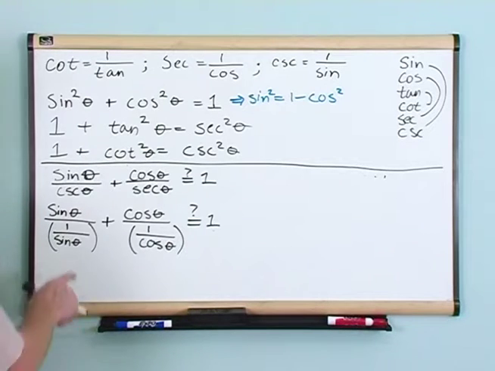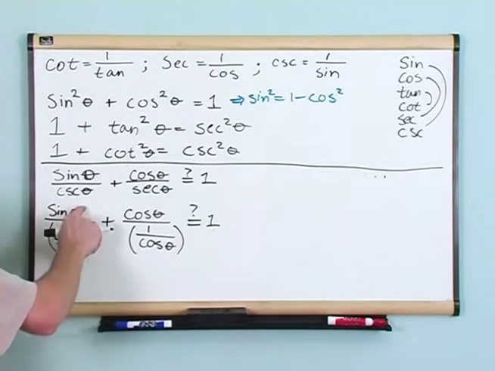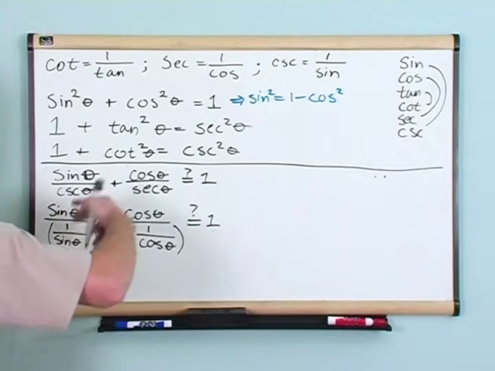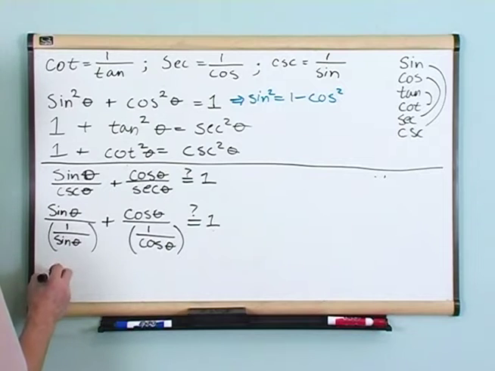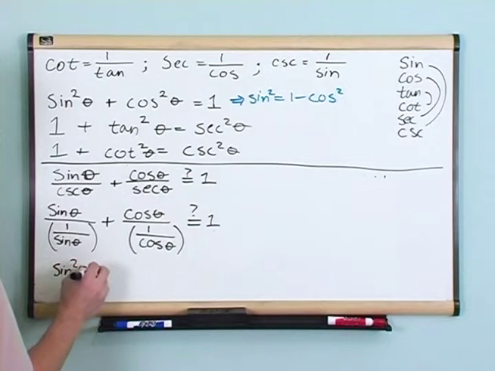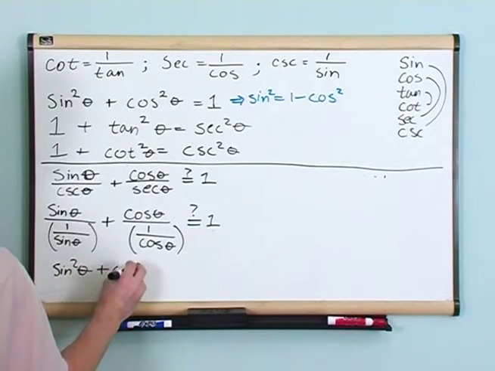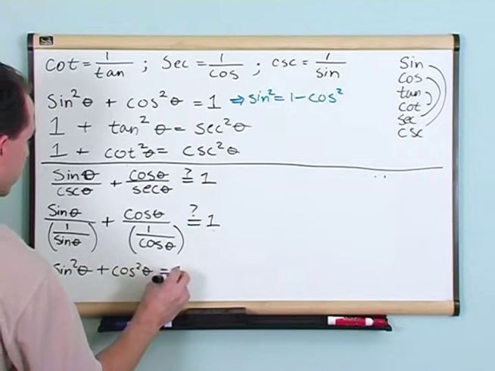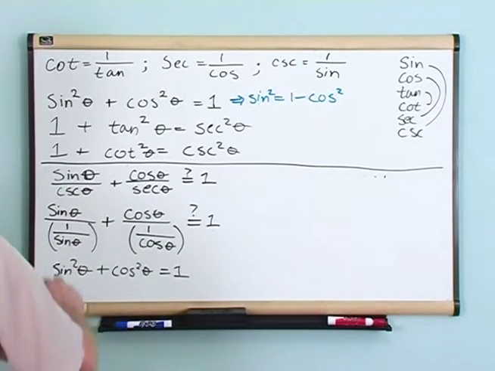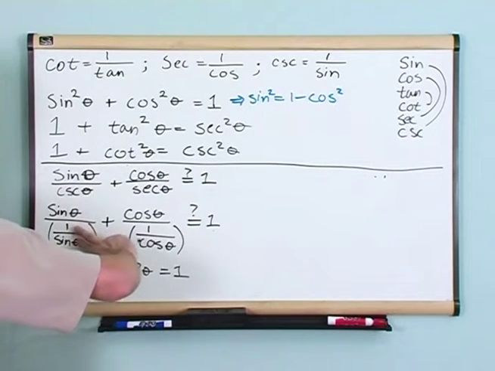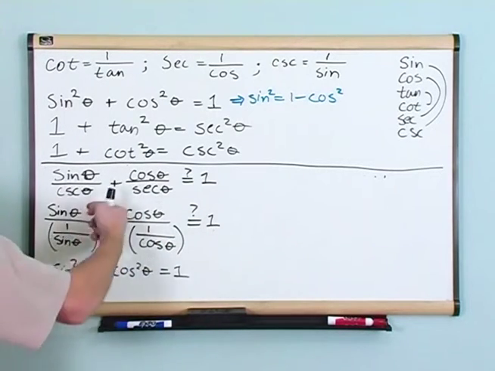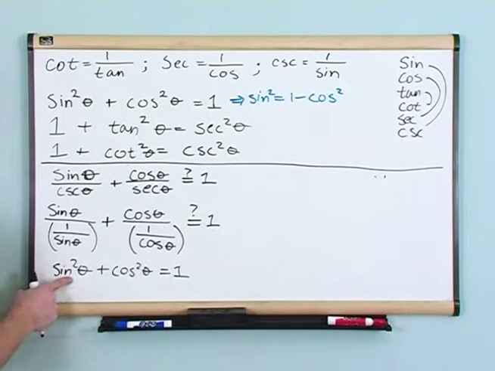And so what you need to do is simplify your fractions here. If you remember, when you divide fractions, you take the bottom and flip it over and multiply times the top. So what you're going to have here is sine squared theta plus cosine squared theta equals 1. That's going to be the answer to the question, because when you're dividing these two things, you take the bottom, flip it over, so you have the sine times the sine on the top, which gives you sine squared.